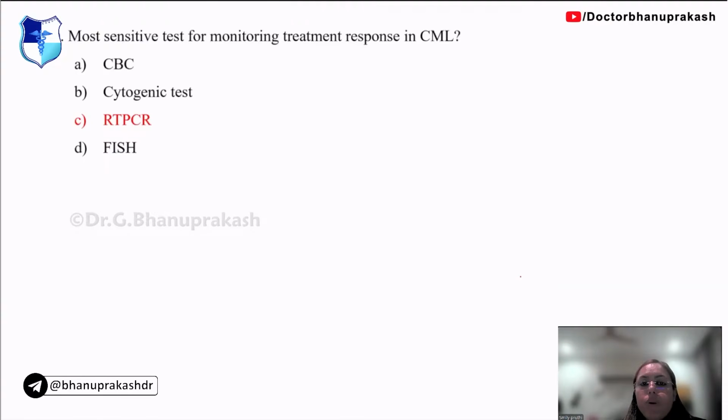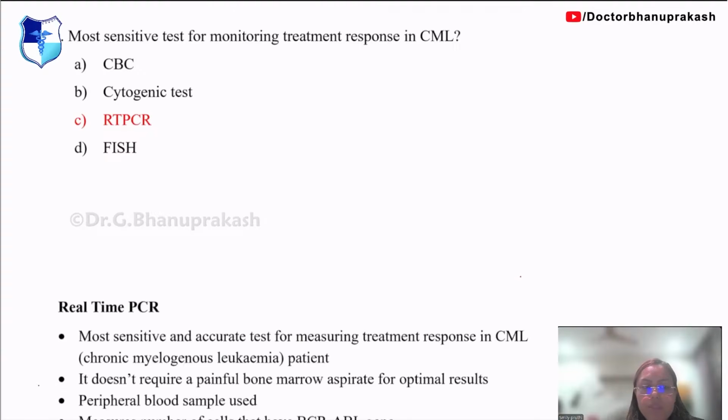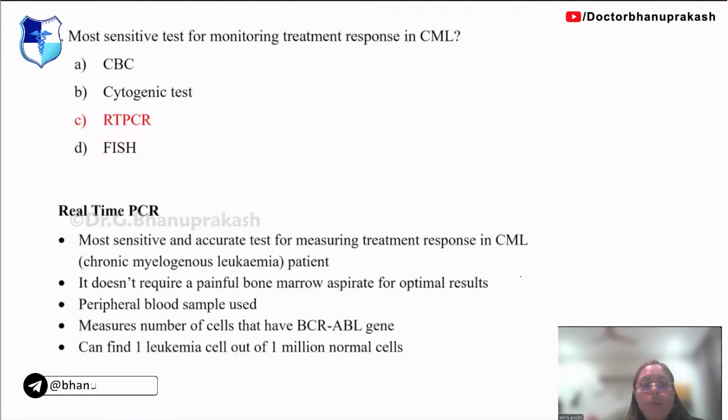Most sensitive test for monitoring treatment response in chronic myeloid leukemia. Answer is RT-PCR, which stands for real-time PCR. It is the most sensitive and accurate test for measuring treatment response in CML.